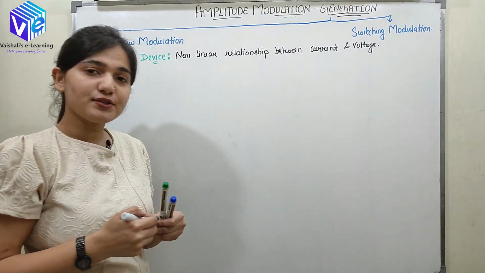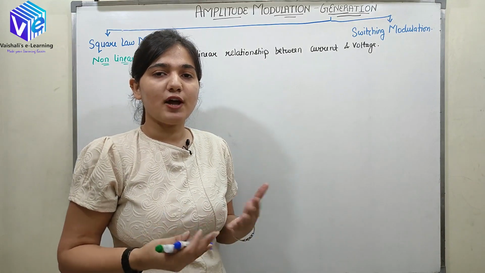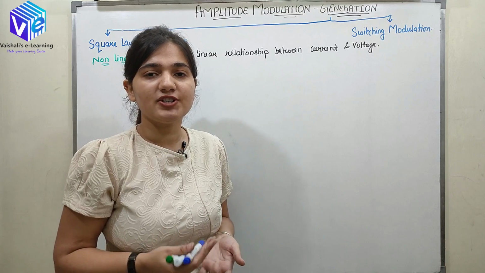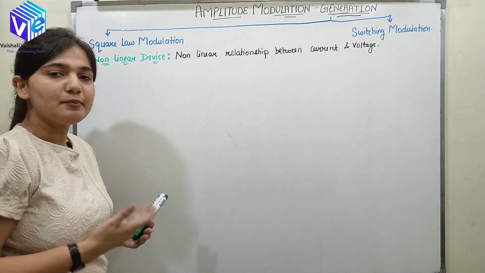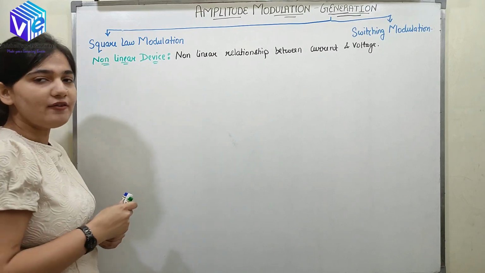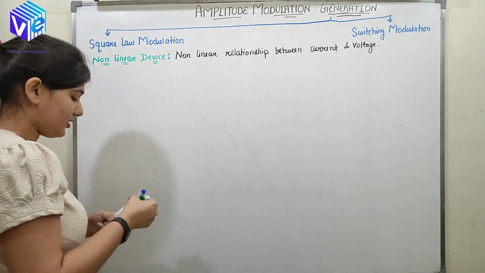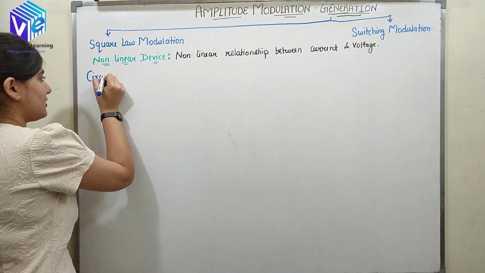If I ask you to give me an example of a non-linear device, I hope you can guess it: it is the diode or BJT, the bipolar junction transistor. So the non-linear device is an important block in the generation of the AM wave. Now first we are going to discuss square law modulation, and first the circuit of square law modulation.